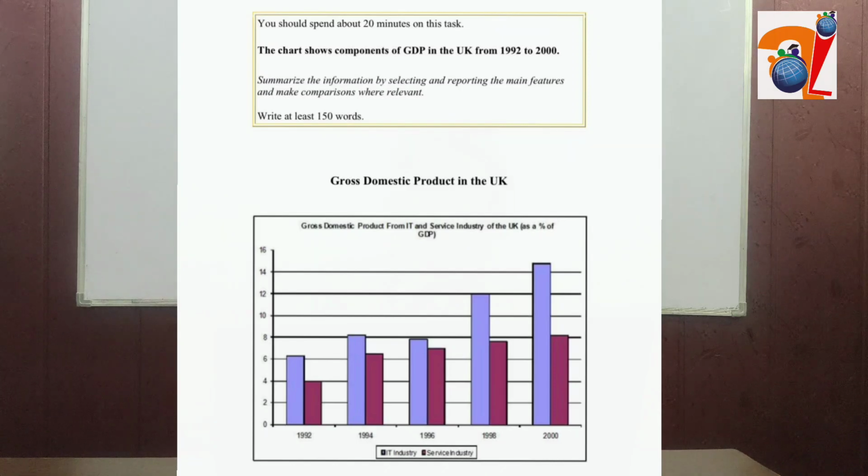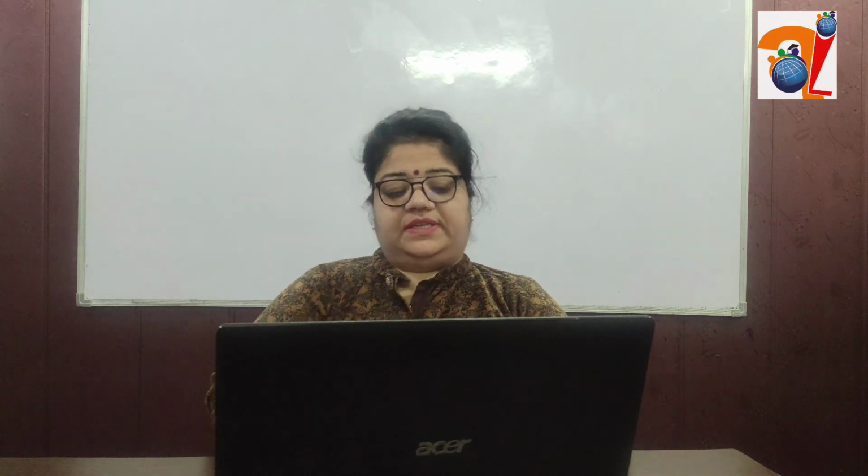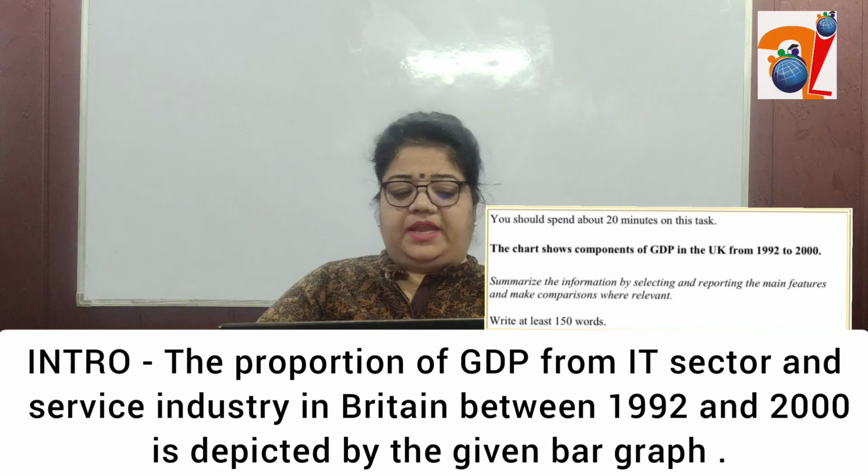So first of all, we will start writing the introduction. How are you supposed to write your introduction? Look at your screens. We are given the question, the chart shows components of GDP. You have to underline and find out what synonyms or what words can be used. Look at mine.